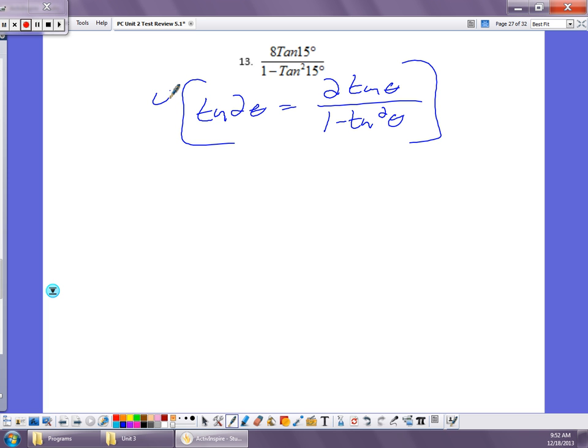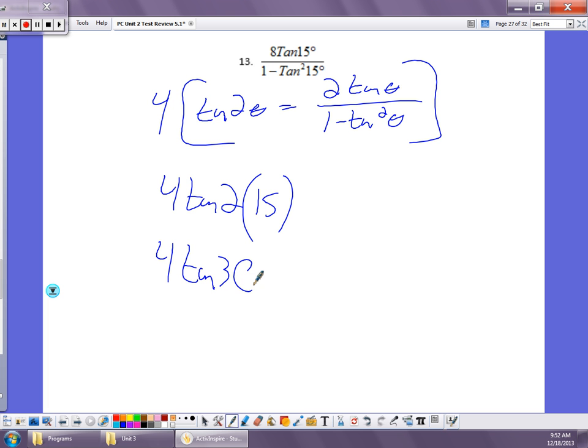So I multiply the whole thing by 4. So that'll give me 8. So now what I have is 4 tan 2 times theta, which is 15. Okay? So 4 tan 30. And then from here you just solve. So the tangent of 30 is what? Root 3 over 3. So 4 times root 3 over 3. So your answer would just be 4 root 3 over 3.